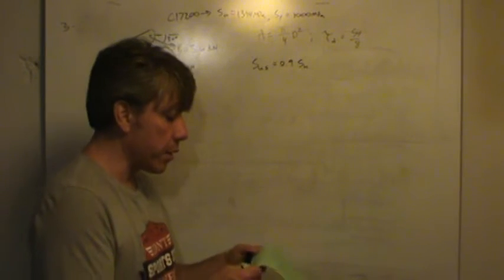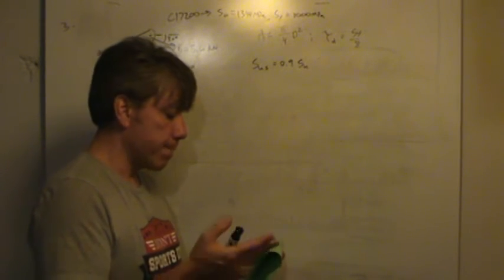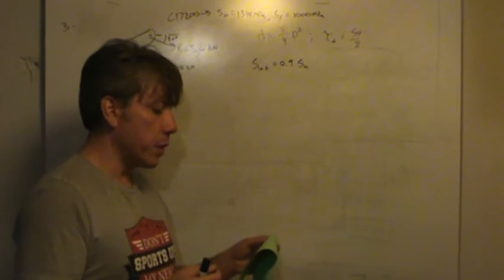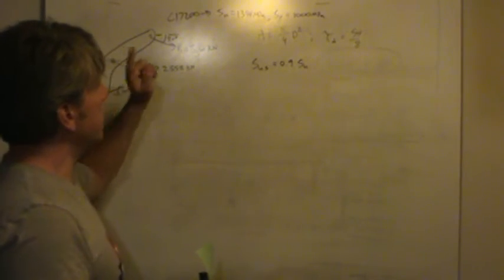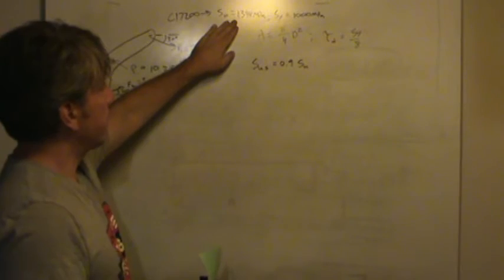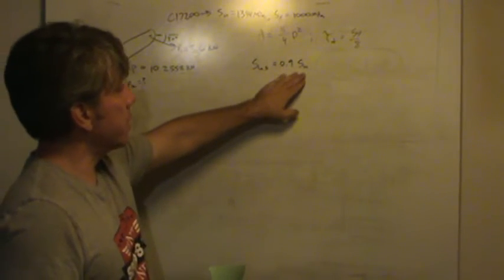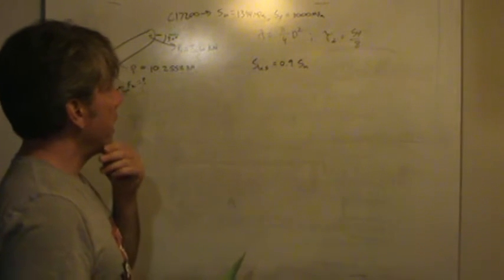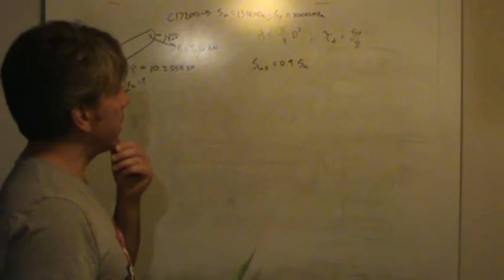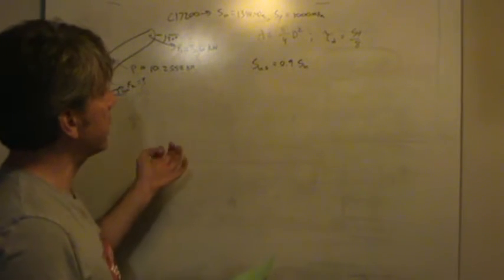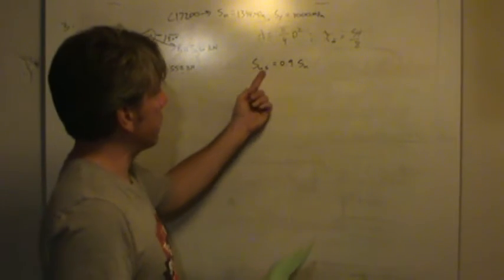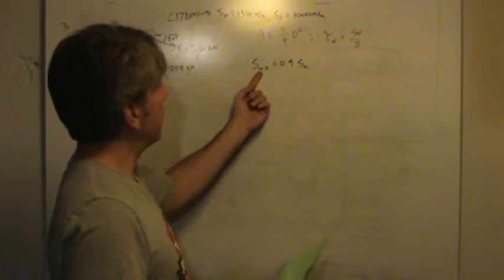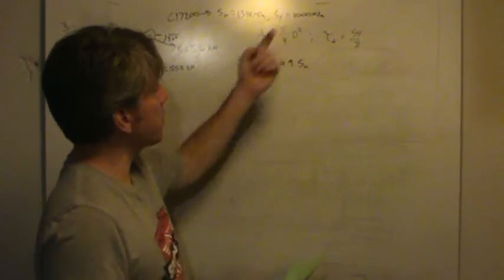Well, I wrote a note in my solution that you can look at and read, and basically my reasoning goes like this. If I use the ultimate strength, I can take 90% of that strength and get the ultimate shear strength. The only problem with that is that I don't like that because the number I get here would be larger than 1,000.